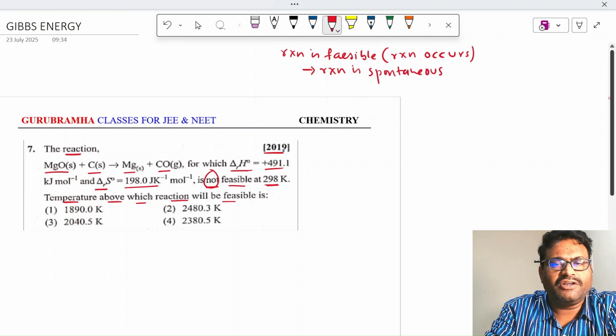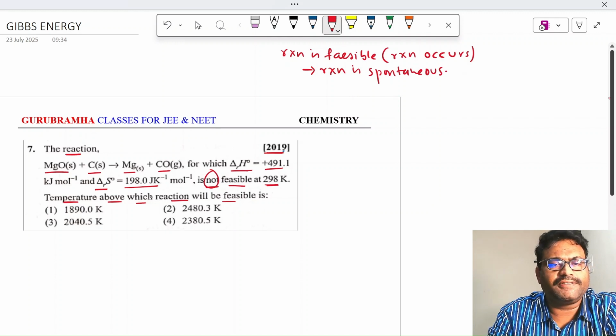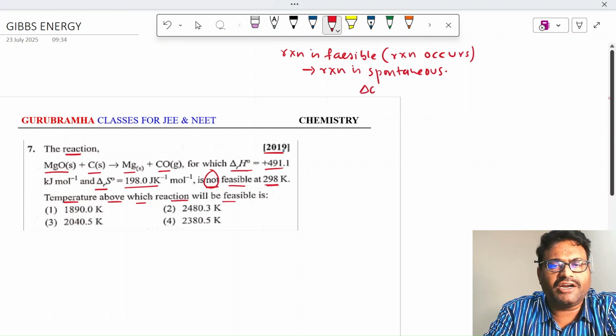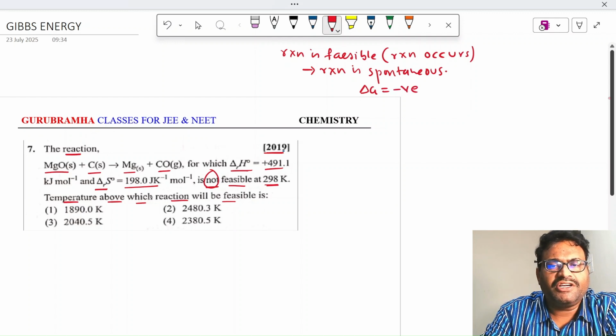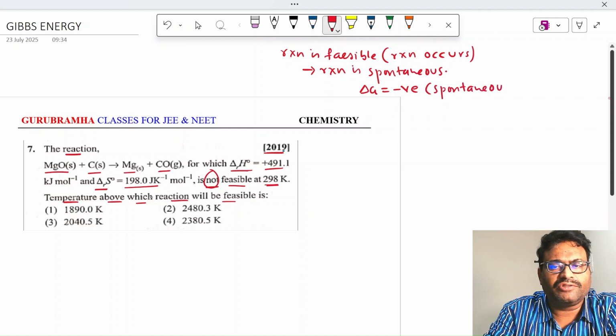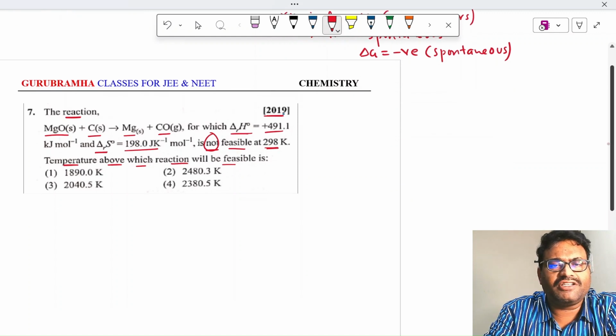When is the reaction spontaneous? We know that if delta G is negative, when there is decrease in the Gibbs energy, then the reaction will be spontaneous. So for this reaction delta G must be negative.